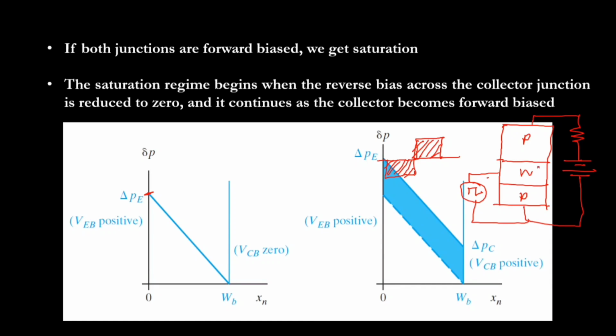If I keep increasing the base current, more holes get accumulated here, and that slowly brings the excess hole concentration at the collector junction to 0. Before that, it would be like this, a negative value.